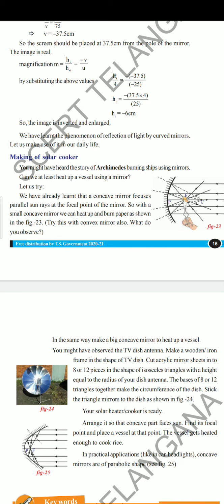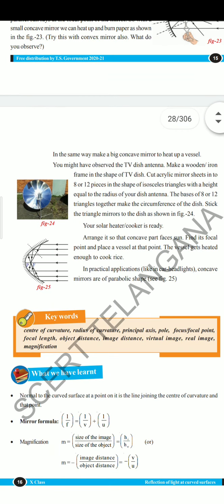Try this with a convex mirror also. What do you observe? In the same way, make a big concave mirror to heat up a vessel. You might have observed the dish antenna. Make a wooden or iron frame in the shape of a TV dish.